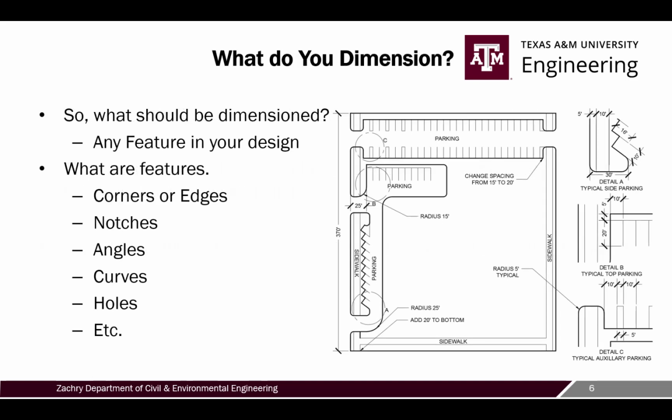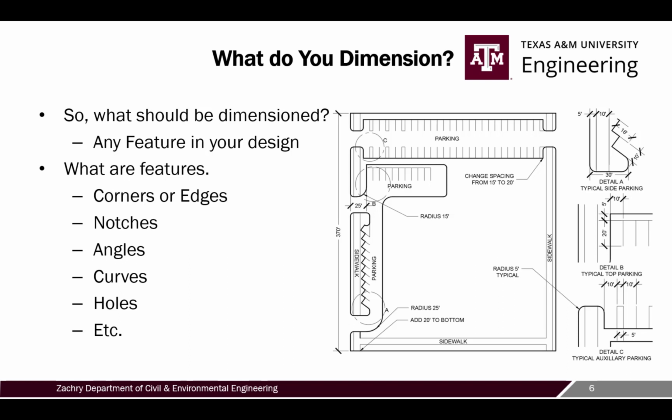So what should be dimensioned? Well, basically any feature in your design. So what are features? Well, if you look at your drawing or your design, basically if you have a corner or an edge, then you need to identify where that corner or edge is located. If you have notches, if you have angles, if there's a curve in your drawing, if there's holes in your drawing, all these things need dimensions.